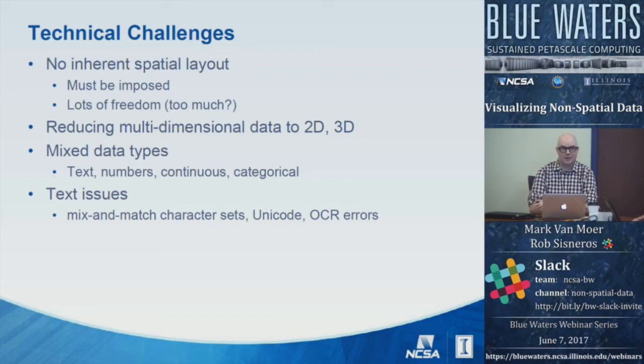Well, like I mentioned on the last slide, there's usually not any inherent spatial coordinates with these data sets. We have a lot of freedom to impose some sort of geometry or a layout on this data. Sometimes that's too much. Even with simple things like, how do you decide whether to do a bar chart or a line chart?